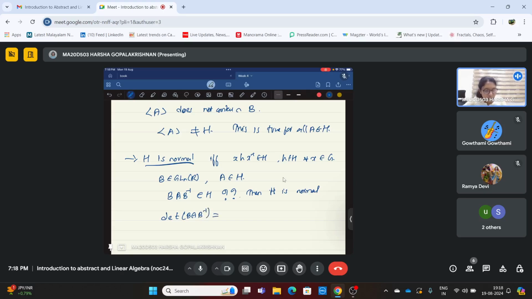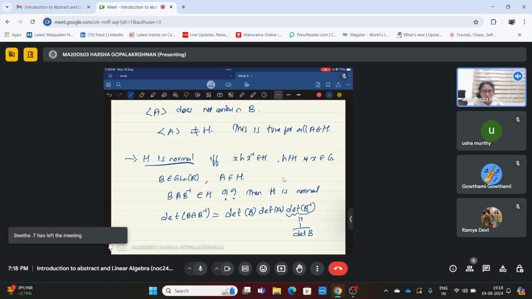For determinant, we have the property, we can multiply like this: determinant of B, everything is an n by n matrix, right? And the determinant of B inverse will be 1 by determinant of B. Determinant of B is a non-zero value. So both will cancel, and what we will get is determinant of A.